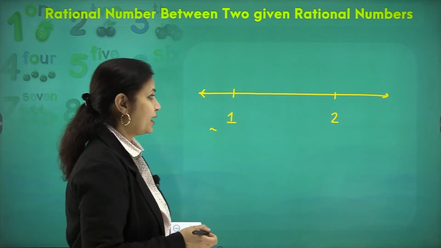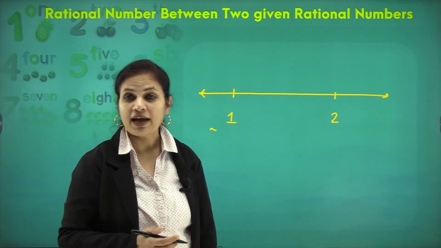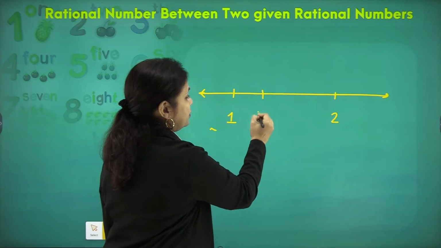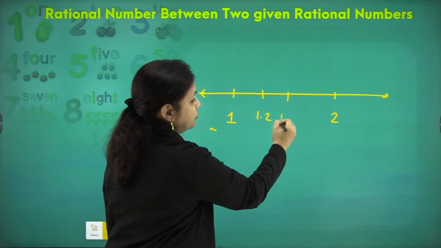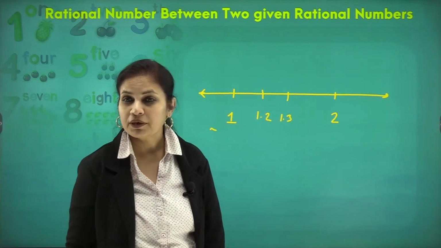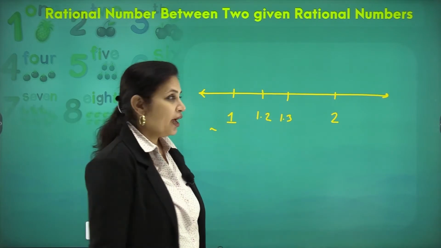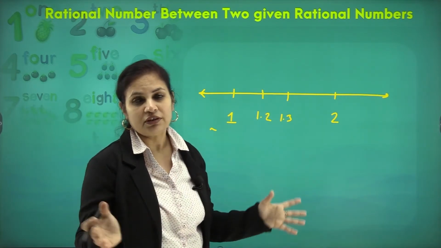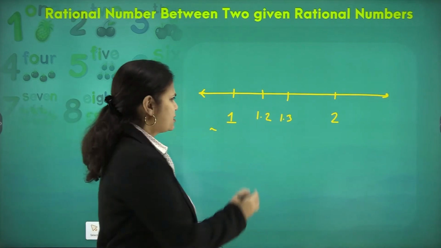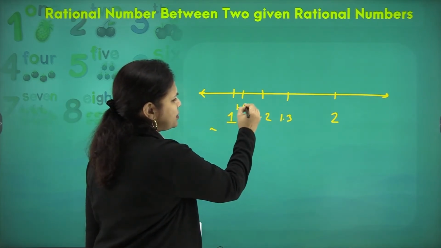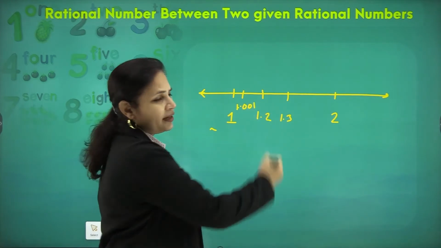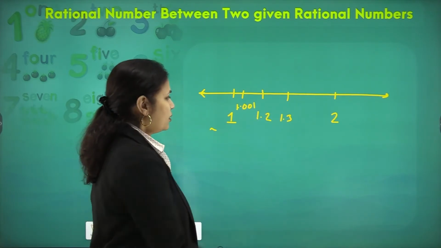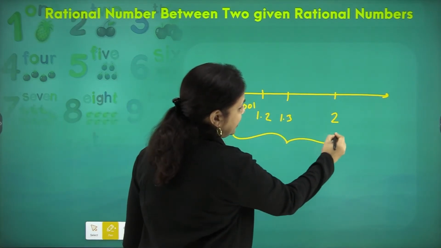But why do we forget that between 1 and 2 we may have decimal values like 1.2, 1.3, 1.99, and even if I divide it further into very minor segments, I can have 1.001 as well. So there are infinite values.